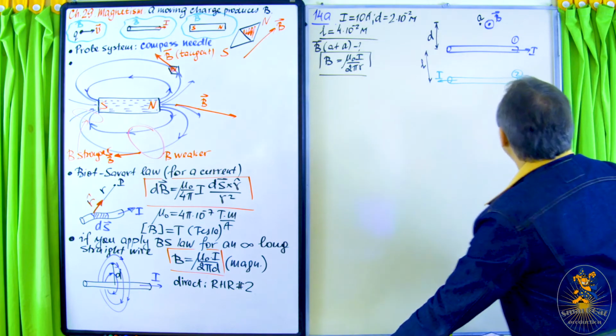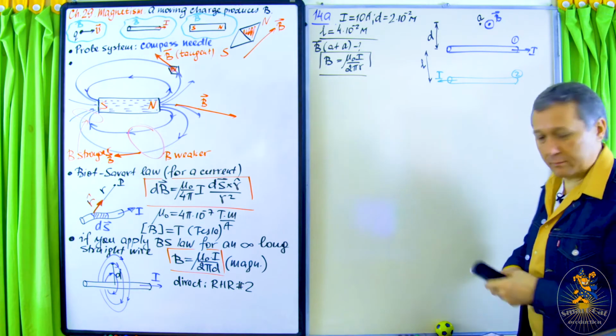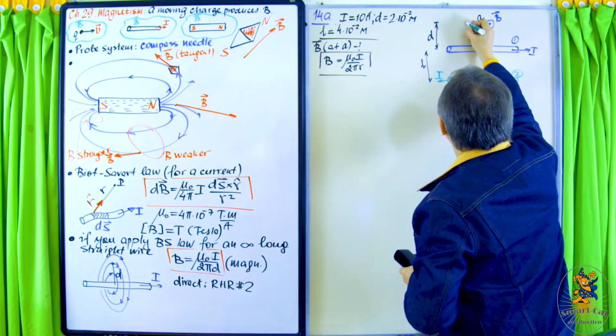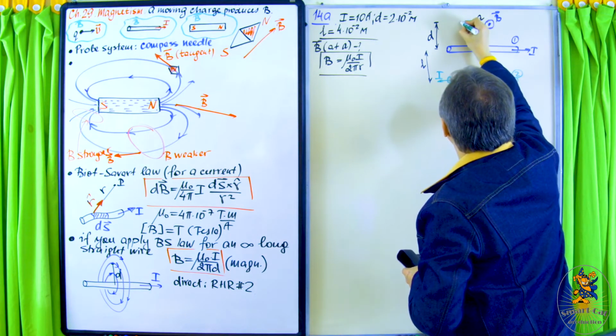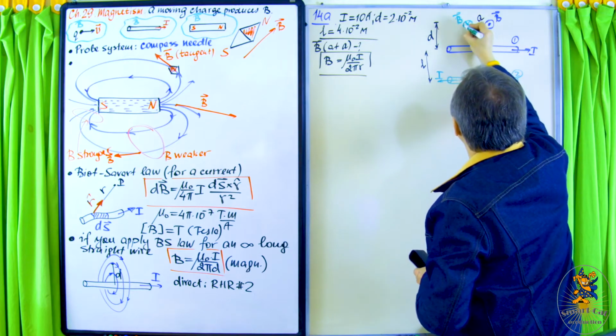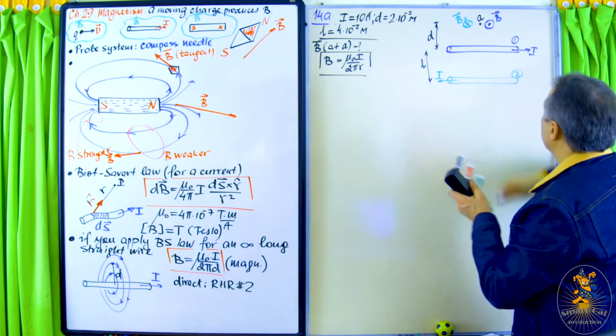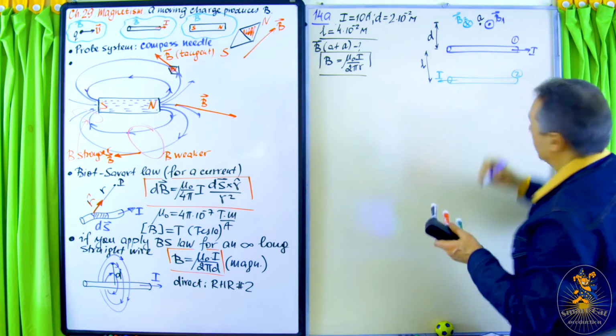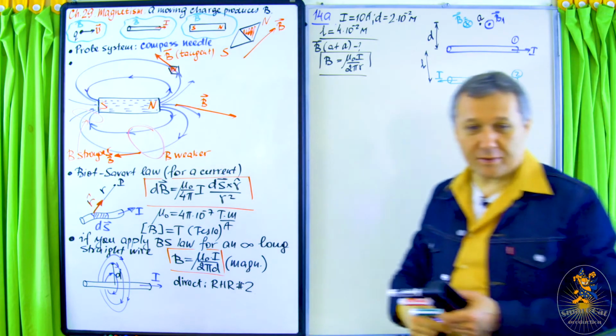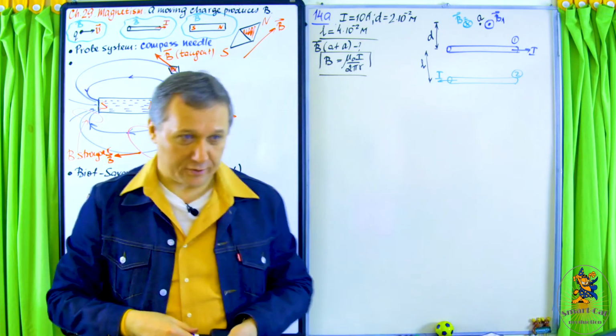So into the board, it's a circle with a cross. So that's the magnetic field, right? Okay, maybe I will write B2 because it's the second wire, and this is B1. Right. So you see, the magnetic fields at those points are in opposite directions.